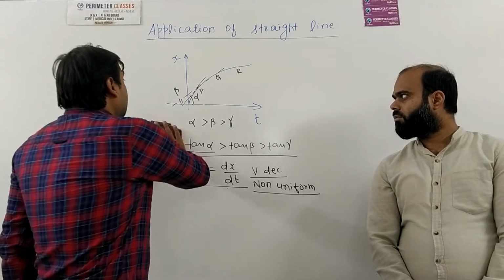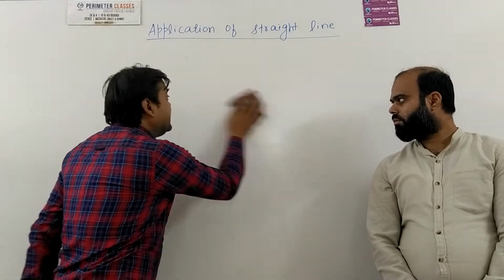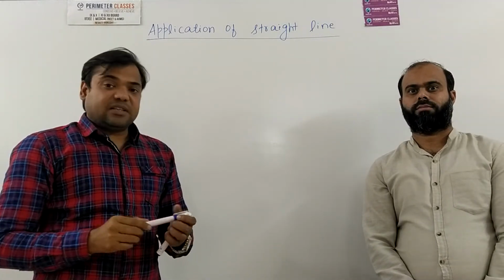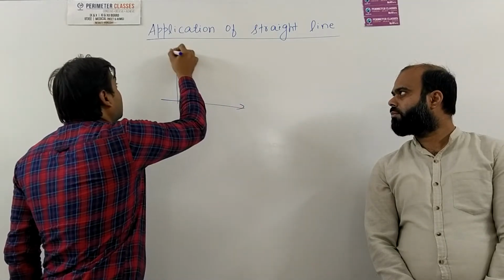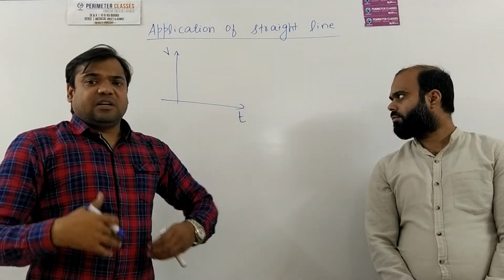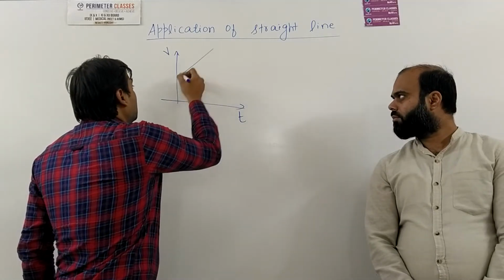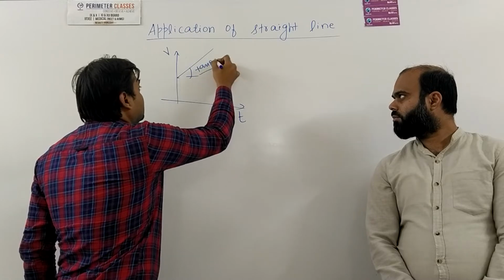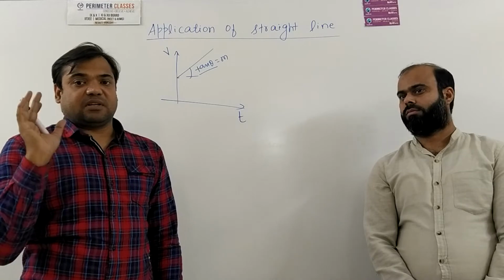Now I am coming to some other concepts which we can easily learn with the help of what we have learned about the straight line. If a graph is given between velocity versus time, I am not going into detail, but you can simply say that the slope, that is tan of this angle, let us say the angle is theta, so tan theta gives us the slope of the velocity versus time graph.